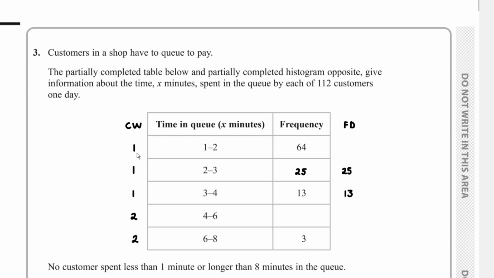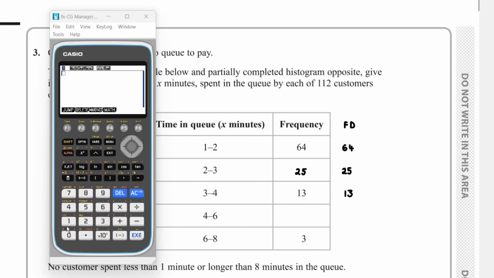For the interval 1 to 2, we have a class width of 1, a frequency density of 64, 1 multiplied by 64 gives us 64. So the frequency of the interval 1 to 2 is 64. Now, for us to find the missing frequency of the bar 4 to 6, we know we have 112 in total.